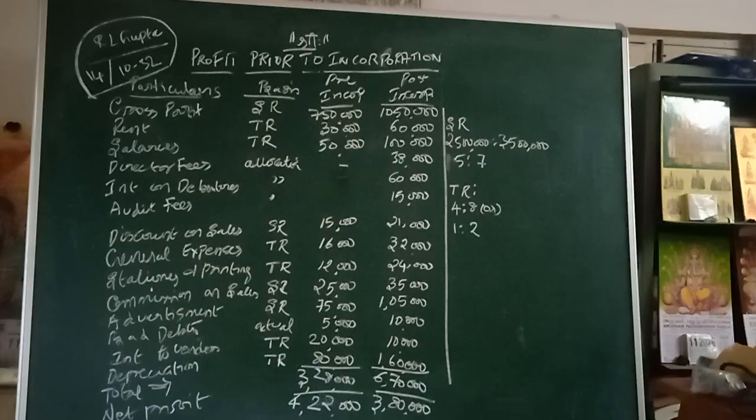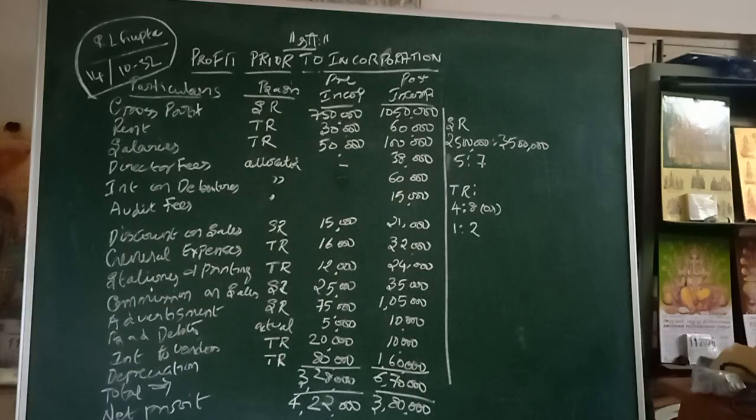Another one is commission on sales. This is related to sales, so the basis of apportionment for commission on sales is the sales ratio. Then advertisement. Advertisement is closely associated with sales, so it is apportioned on the sales ratio.